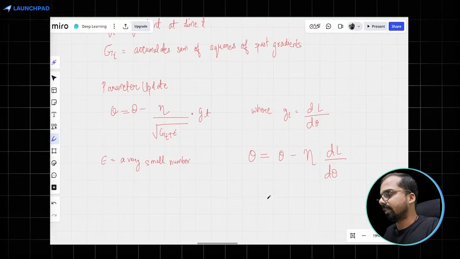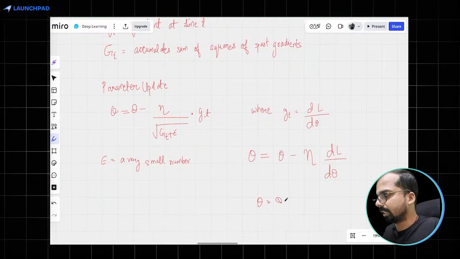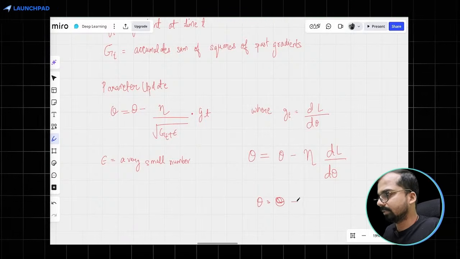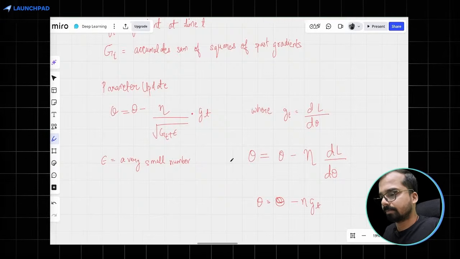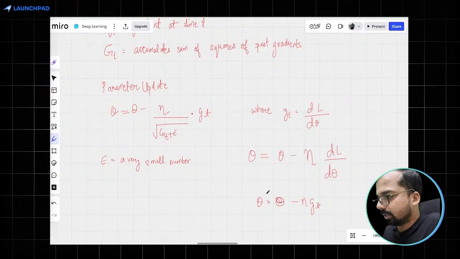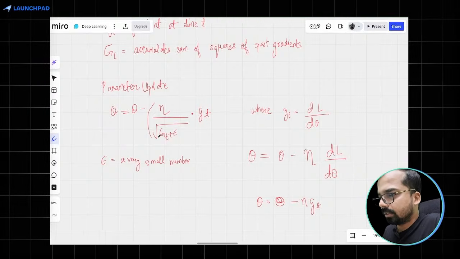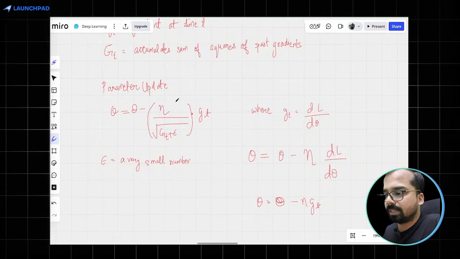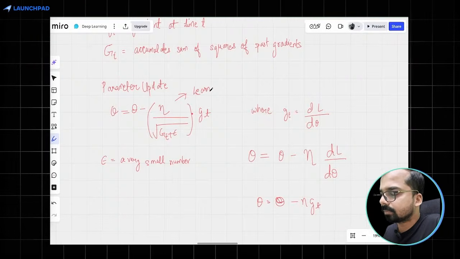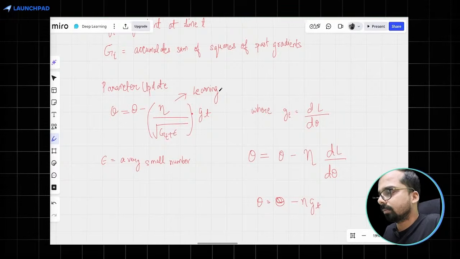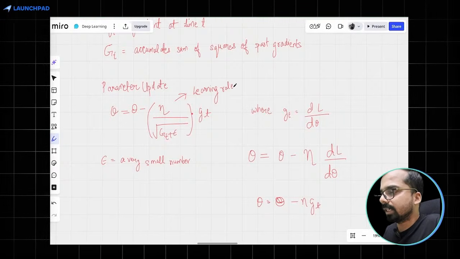I could have written it like this also: theta is equal to theta minus learning rate times gt, where gt is actually dL by d theta. Right. So if you see, the difference actually comes in this part, and this is the modified learning rate.